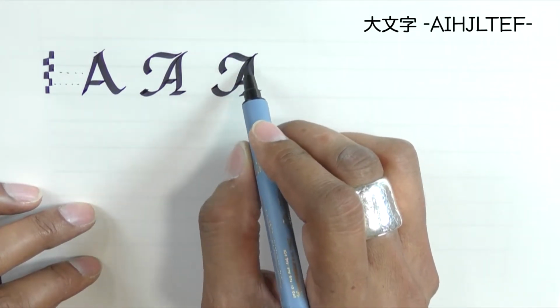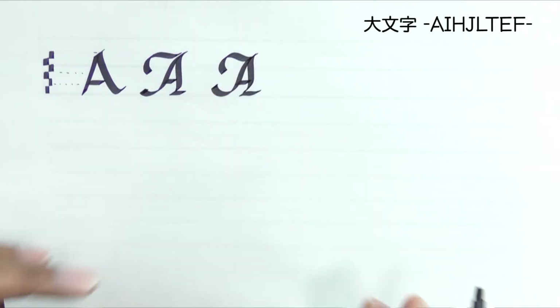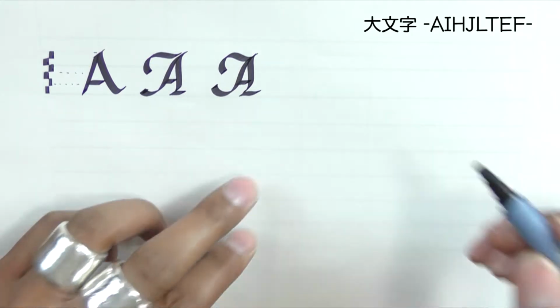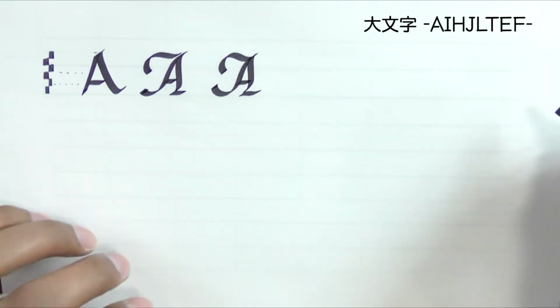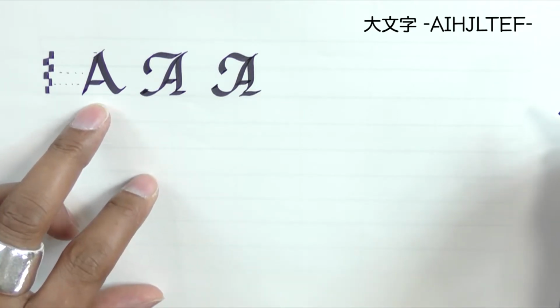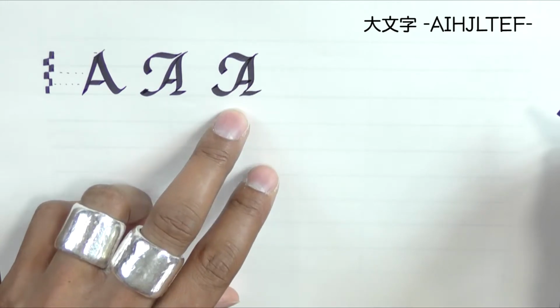Notice how these 3 strokes, 1, 2, and 3, all go into a very narrow edge. So that's the basic structure for the plain letter and the swash letter.